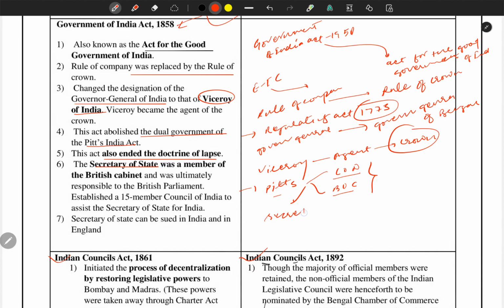He was a member of Parliament, a member of the British cabinet, and ultimately he was responsible to the British Parliament.